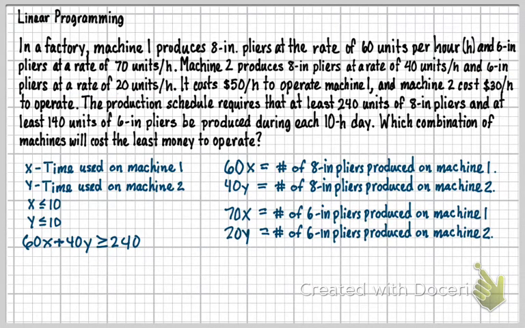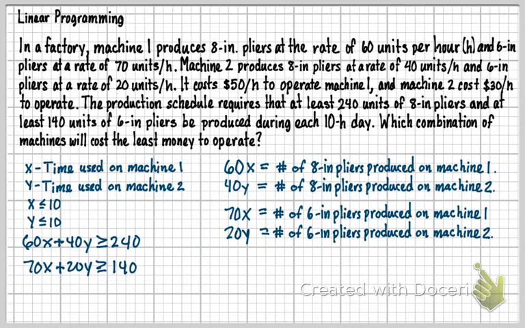It says at least 140 units of 6-inch pliers be produced during each 10-hour day. So 70X plus 20Y has to be greater than or equal to 140. So these are our constraints for this linear programming problem.